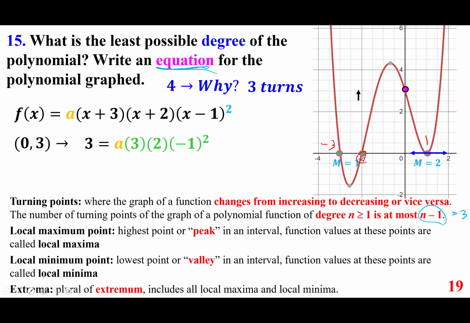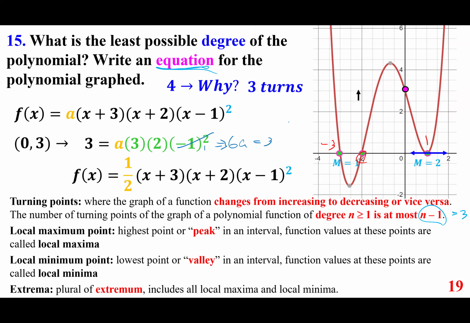So we have 6a equals 3. So a is 1/2. So f of x is 1/2, parentheses x plus 3, x plus 2, x minus 1 quantity squared, and we are done. It's very straightforward, everybody. I hope everybody's okay with that.